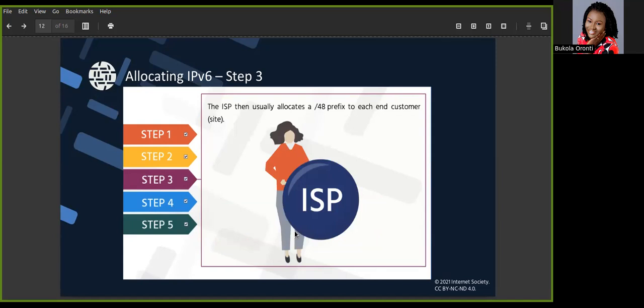Then, like I was saying earlier, an ISP that got a particular allocation from Afrinic can give to each end user based on need. I think the maximum is /48, which is based on the request of the customer or the organization.